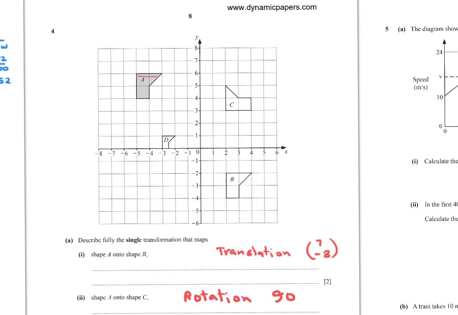To find the center of rotation and the direction of rotation: the center of rotation cannot be in this region, because if we rotate this 90, the shape will be like that. So the center of rotation is in this region. You can try some points in this region with tracing paper, or by the triangle method.